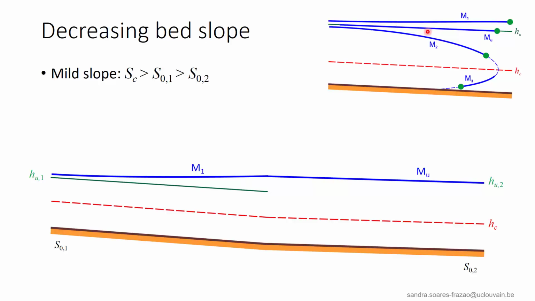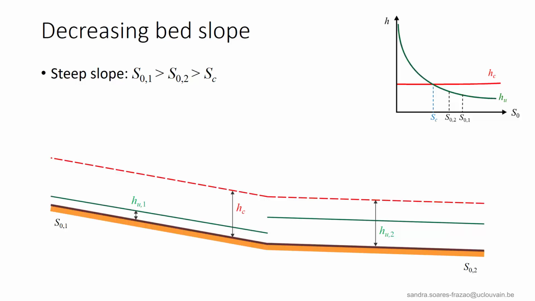No other mild slope profile reaches the normal depth in the downstream direction. In the upstream reach, a M1 profile will develop to increase the water depth from HU1 to HU2. The downstream controlled M1 profile simply connects to the water depth HU2 in the downstream reach.